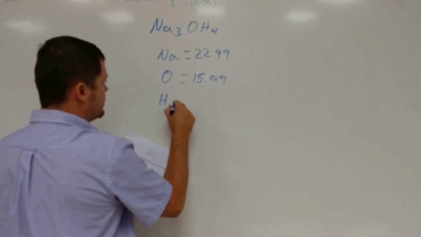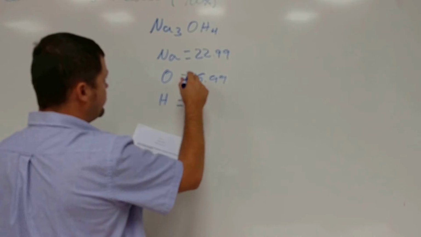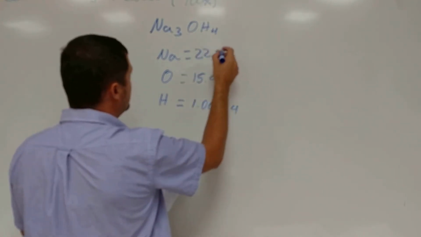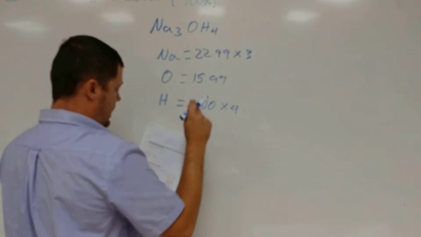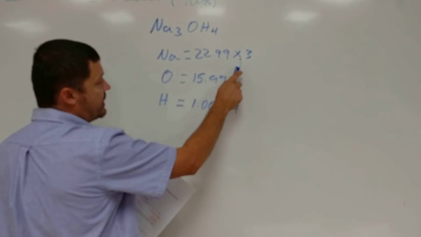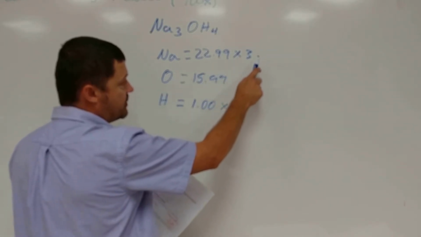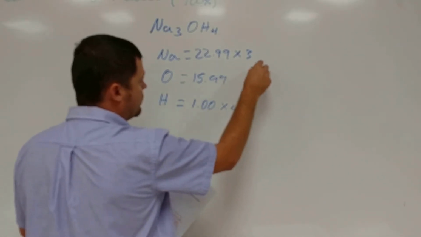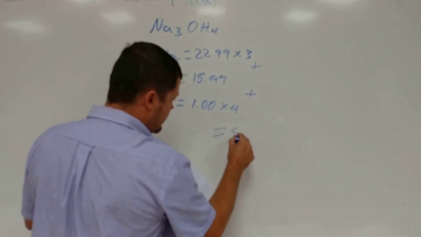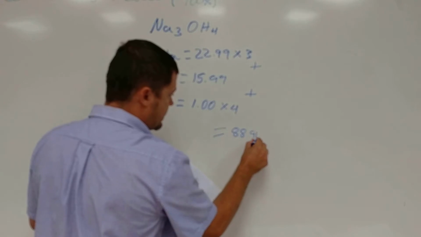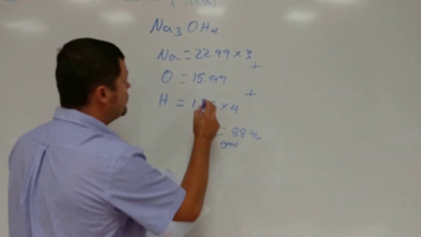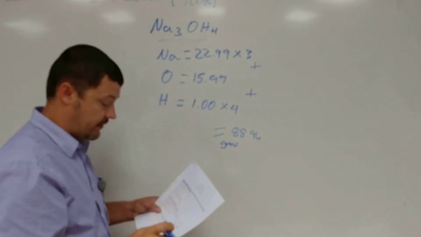And then hydrogen, that is going to be 1.00, but times 4 on that one, and then times 3 on the sodium, okay? So you're going to times 22.99 times 3, that's going to give you your value. And then we're going to just add all those up again, and that's going to come to 88.96, okay? So that's our gram molecular weight for this chemical compound.